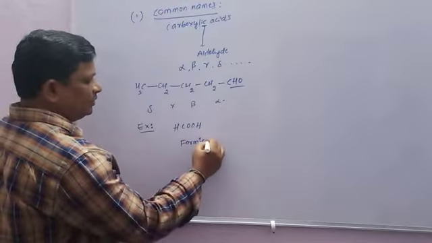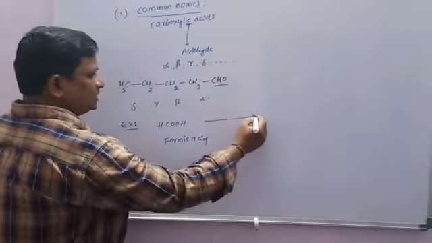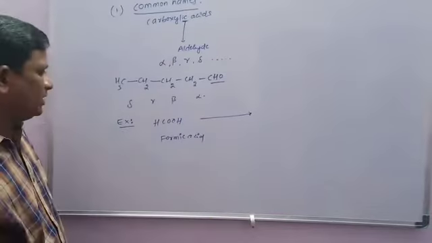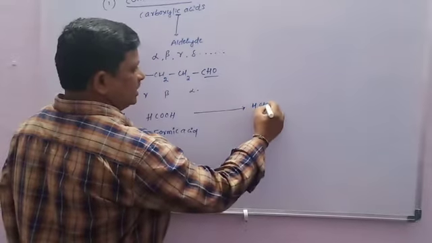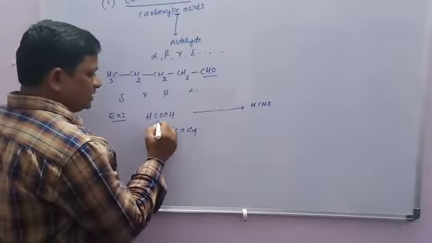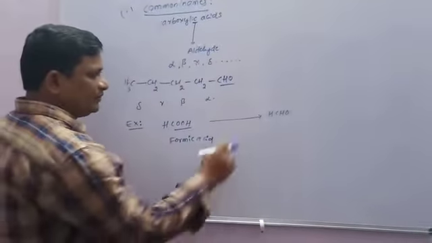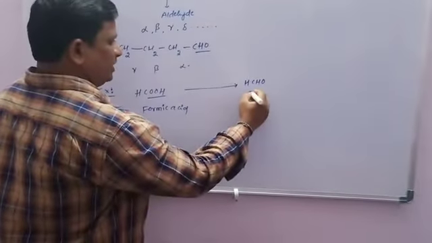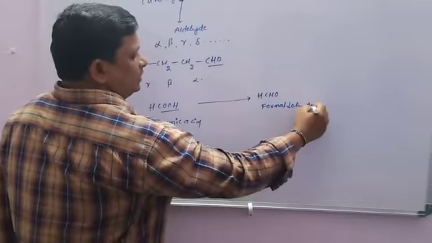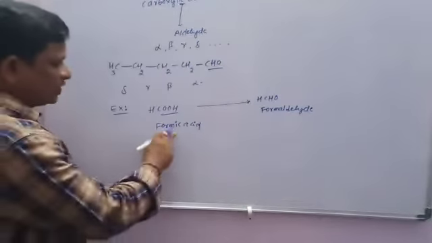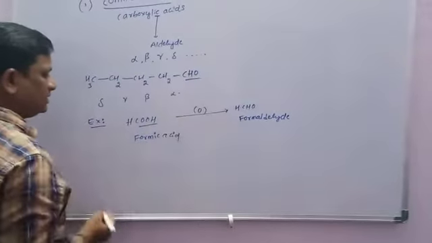On oxidation of formic acid, the COOH group is substituted by CHO, giving HCHO, which is formaldehyde. So HCOOH is formic acid, HCHO is formaldehyde, by oxidation.